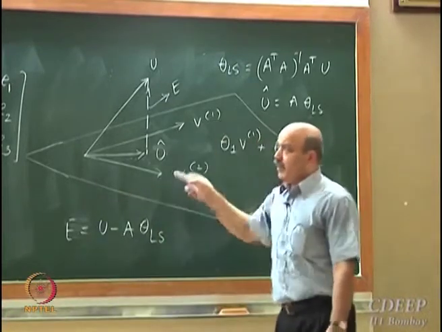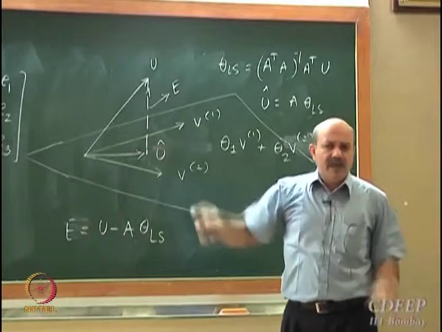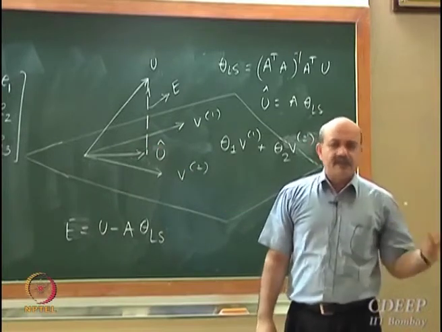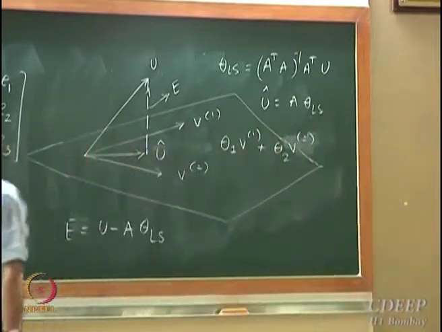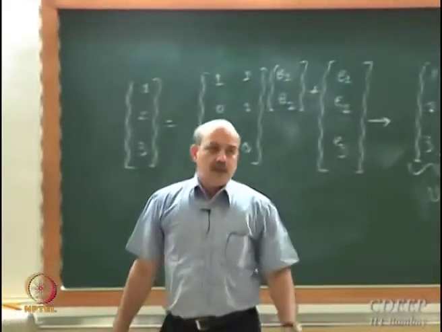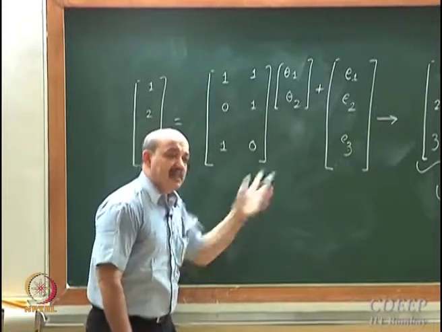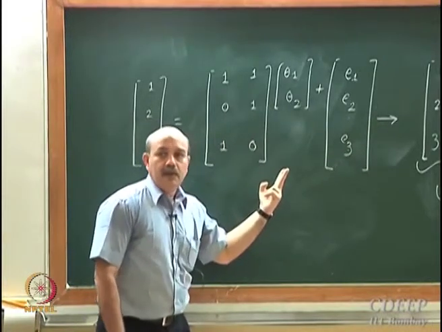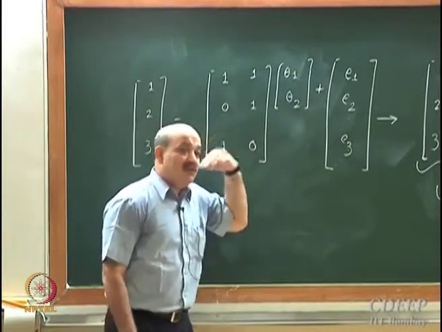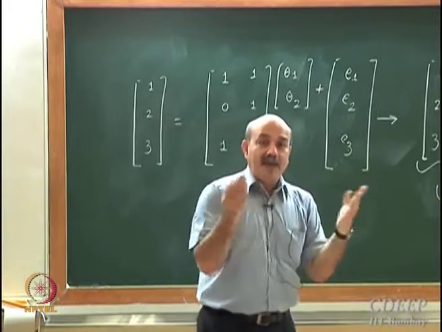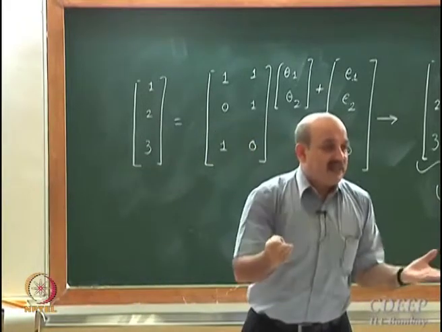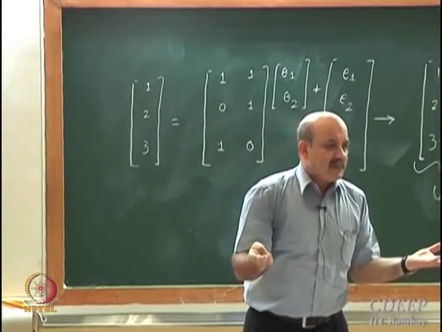Okay. So this problem, you cannot visualize it. Let's go back here. Suppose you had 10 equations in two unknowns. I cannot visualize the 10 dimensional space, but a linear combination of two vectors in 10 dimensions, what is it like?